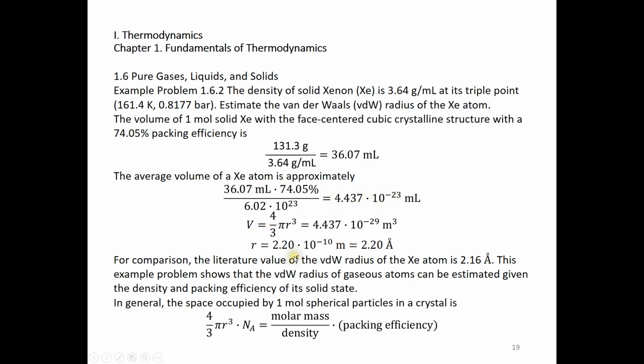Now we assume this atom is spherical, and then we use this equation for the volume of a sphere, 4/3 times pi times the radius to the power of 3. We set it to be this volume. We can compute the radius of a xenon atom. It's 2.2 angstroms. For comparison, the literature value is 2.16 angstroms. Again, these two values are really close to each other.